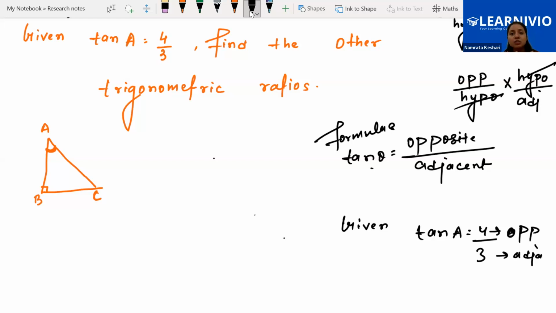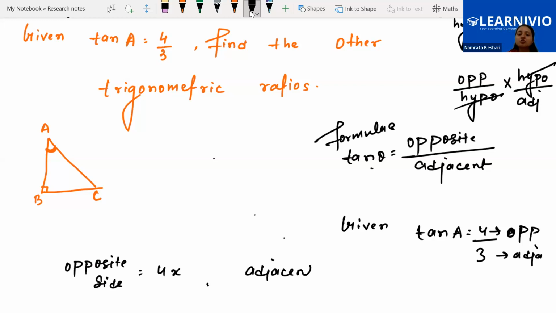We are not allowed to separate the ratio like that. So we cannot say that the opposite side is 4 centimeters or meters. We can say that the opposite side is 4x, and the adjacent side is 3x.